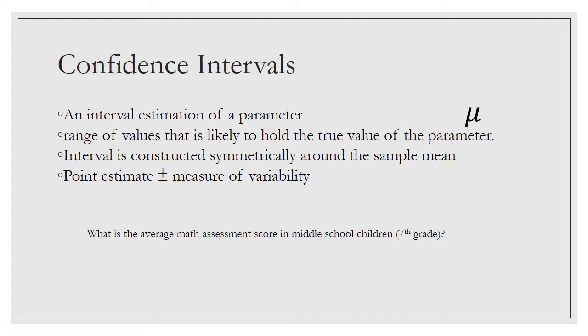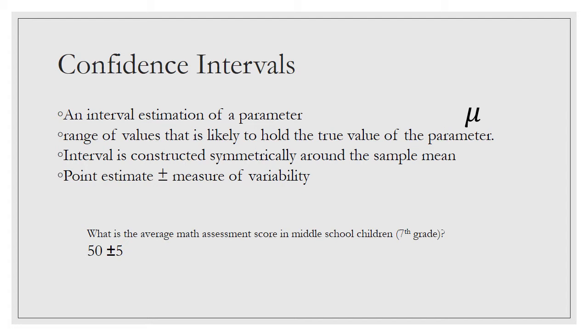But so instead of just being one value, we would have a range of values. It's certainly plausible that we go collect a sample of data from middle school students. We collect up our math assessment scores. We get an average of 50. That's the sample mean of 50. But it's not as useful in this case if we're just considering what we think is a plausible value of the parameter estimate.